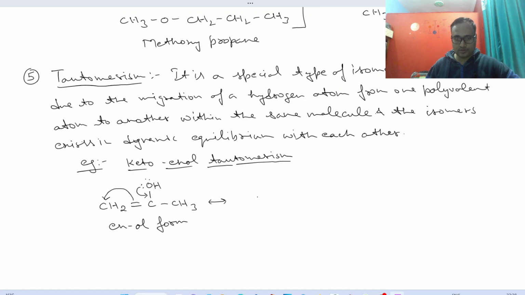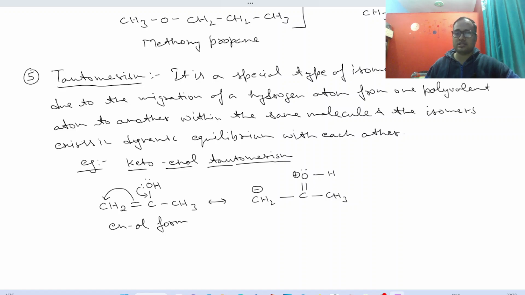Fine, so we have CH2 negative single bond carbon, and a double bond is formed with this oxygen. As a result, a positive charge appears over here, hydrogen, and we have CH3.